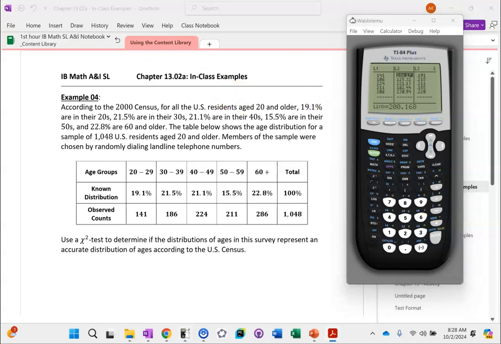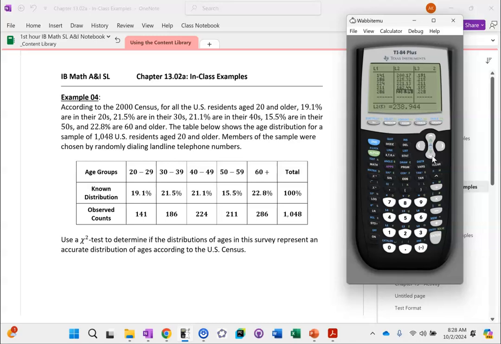So I went and calculated my expected counts. That was like 0.191 times 1048. And then 0.215 times 1048. So those are all there. Notice I kept the entire decimal. I want to use exact values there.